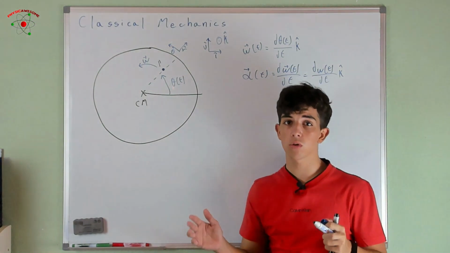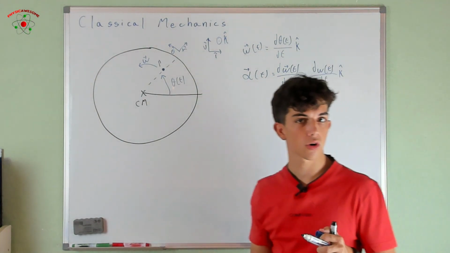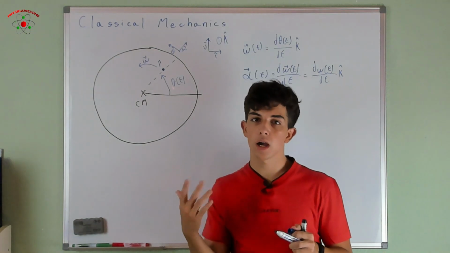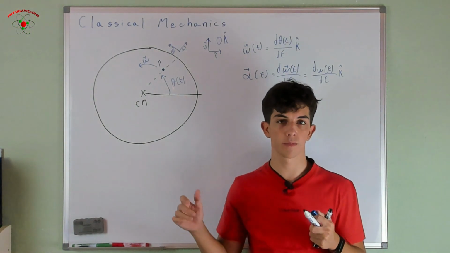Almost all circular variables are going to behave this way if they are vectors. Also torque, as we'll explore in later videos, and different other magnitudes are going to follow the exact same k hat convention.